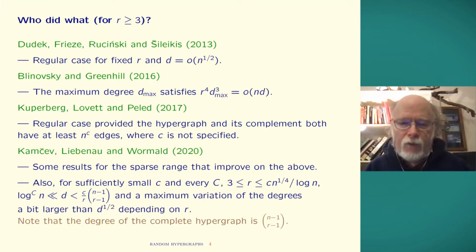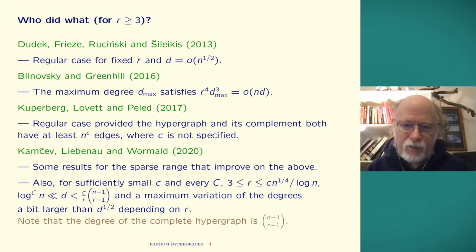So if the edge size is at most n to the 1/4 over log n, so the edge size is allowed to increase with the number of vertices, but not as fast as n to the 1/4. And the average degree increases faster than any power of log n, and it's less than a constant over r times n minus 1 choose r minus 1.